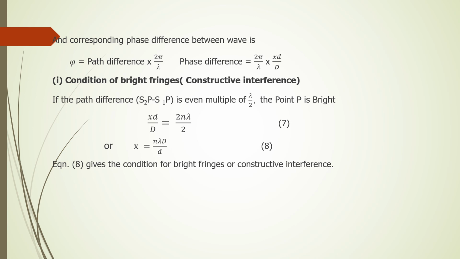So this gives the condition of the bright fringe as already discussed. For constructive interference, the path difference is an even multiple of lambda by 2, which gives the value of x equal to n lambda D by d.